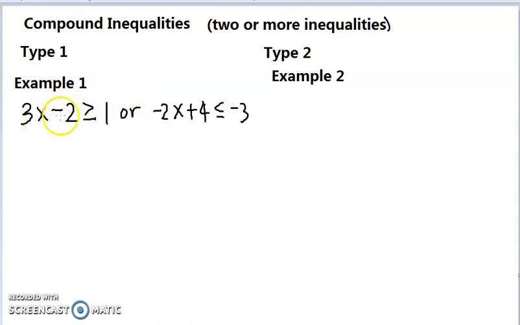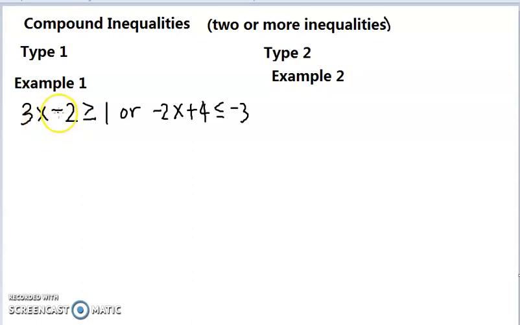So the first one, 3x minus 2 greater than or equal to 1, we can solve like we solve equations, but paying attention to the sign change when we divide or multiply both sides by a negative number. So the goal is the same as solving an equation. We want to get the variable x by itself.